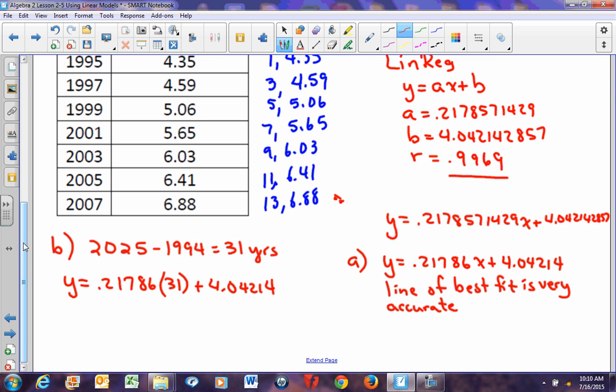Putting that in my calculator, I get 10.7958. So I would expect to pay approximately $10.80 for a movie ticket in 2025.